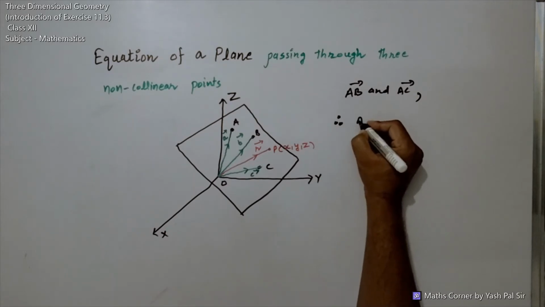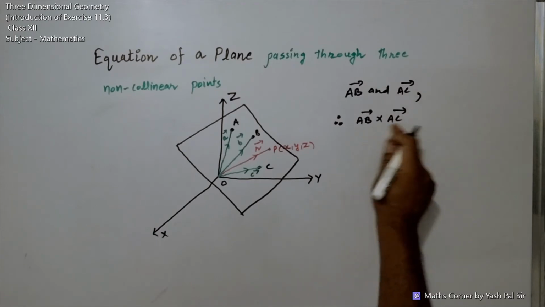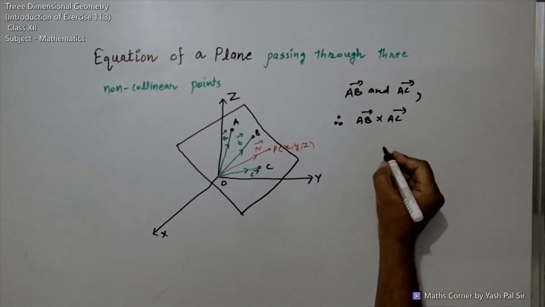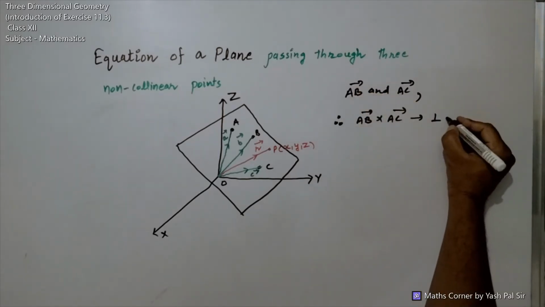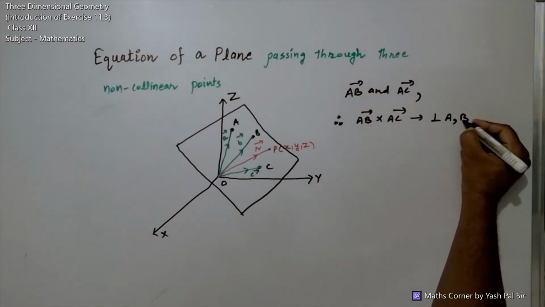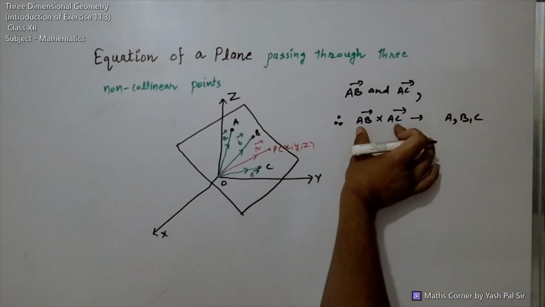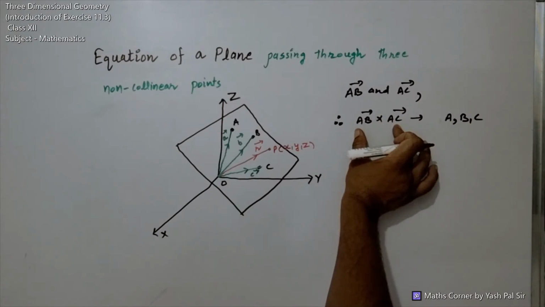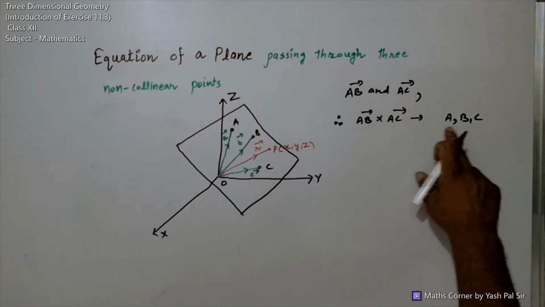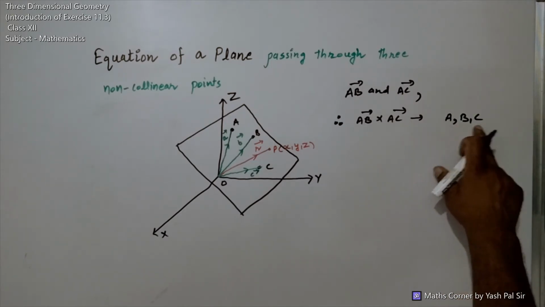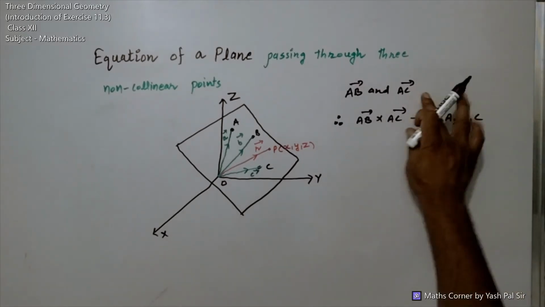And therefore AB cross AC is also a vector which is perpendicular to the plane which contains these 3 points A, B, C. So this is the vector which is perpendicular to the plane which contains the 3 points A, B, C.